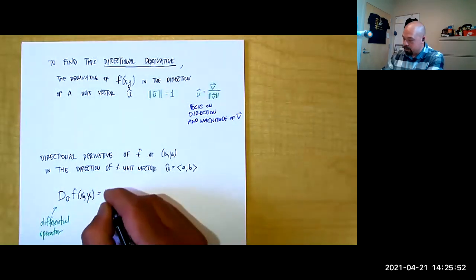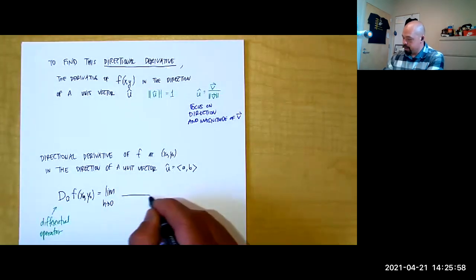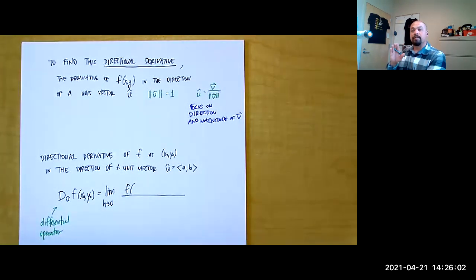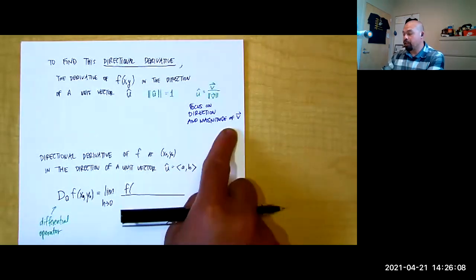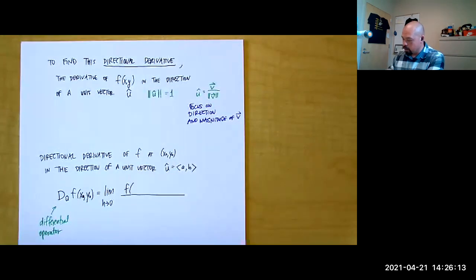that's going to be equal to, and then as a limit, now we're going to let both x and y change, because now instead of just going purely in the x direction or y direction, we're going in some general direction, v, or as it is normalized, the unit vector u hat.